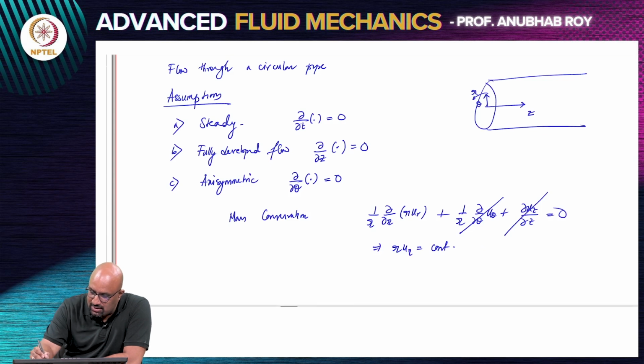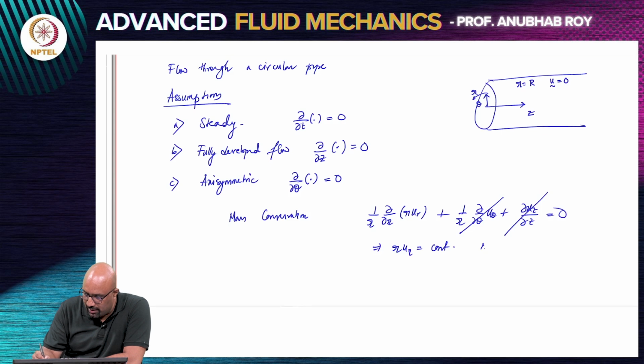Now, the radial velocity boundary condition on the surface of the cylinder or the pipe. At r equals capital R, the walls are stationary, which means all my velocity components should vanish at the wall. Radial, azimuthal, axial, whatever velocity components I have, all of them should vanish at the wall because of no slip and no penetration.